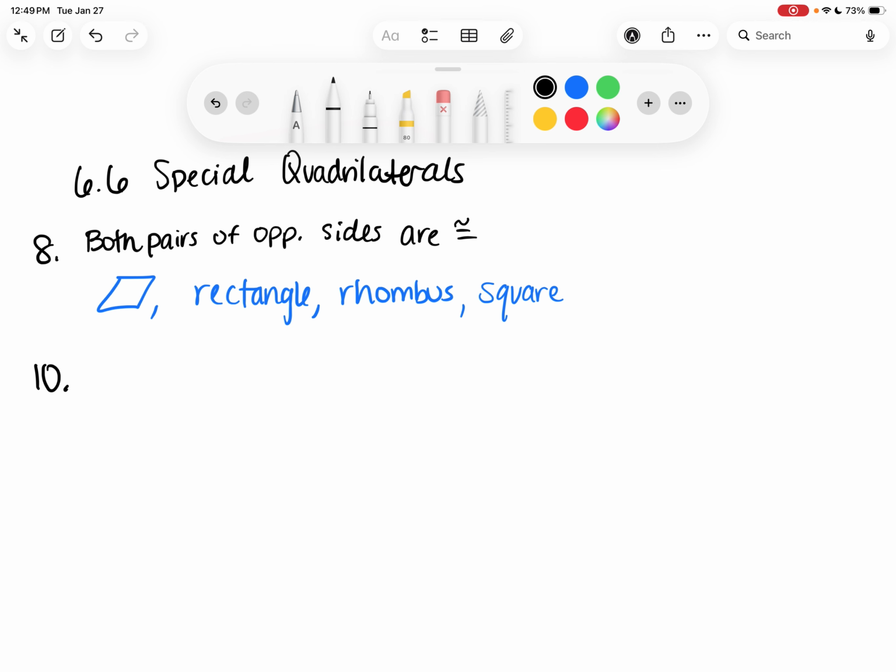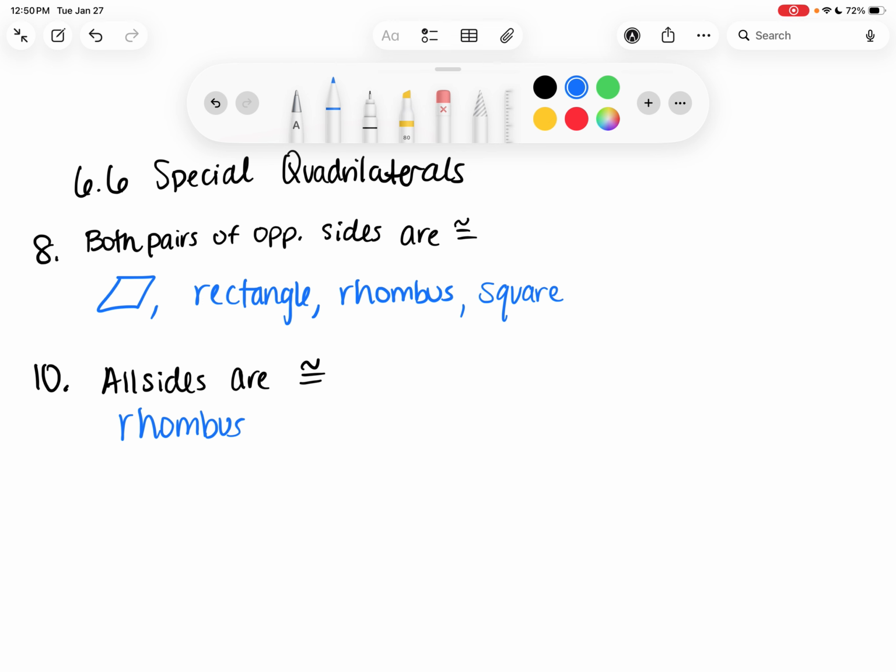Number 10 says all sides are congruent. Is that true of a parallelogram? No. Is it true of a rectangle? No. Is it true of a rhombus? Yes. And notice, it could be true for a parallelogram.